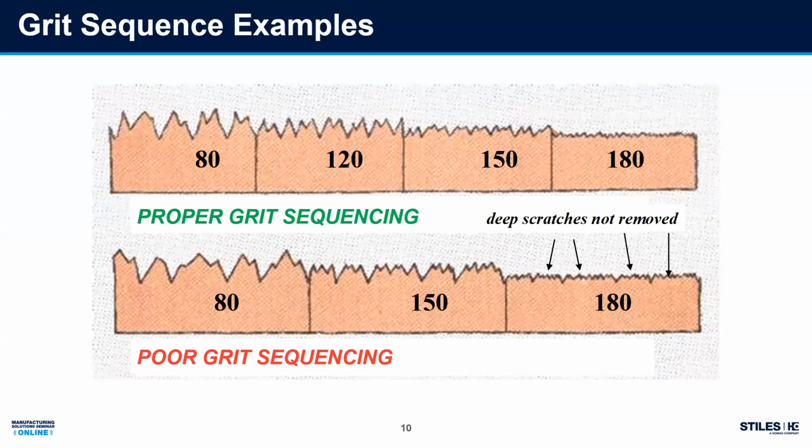However, when you apply finish to that workpiece, you see some of these deeper random scratches that appear out of nowhere. And what happens is those deeper scratches were never removed with that 150 and 180 grit paper. So that's why it's actually critical practice to not skip more than 1 grit.